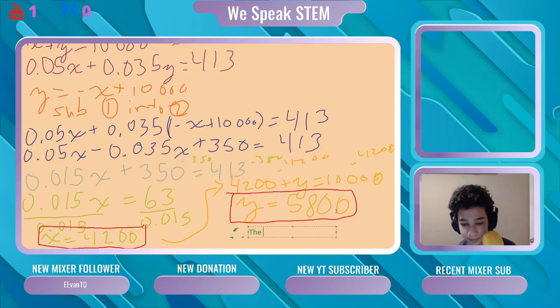The amount she invested in the 5% savings account was 4,200, and the amount in the 3.5% account was 5,800. And that's probably good enough.